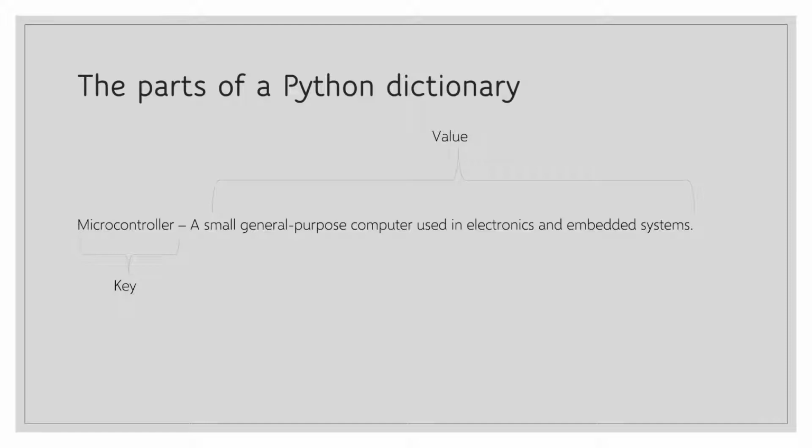So now in a Python dictionary, you don't use a word to look up a definition, you use a key to look up a value. But in terms of the overall mechanism, a Python dictionary and a real life dictionary work the same way. You use a key / word to look up a value / definition.